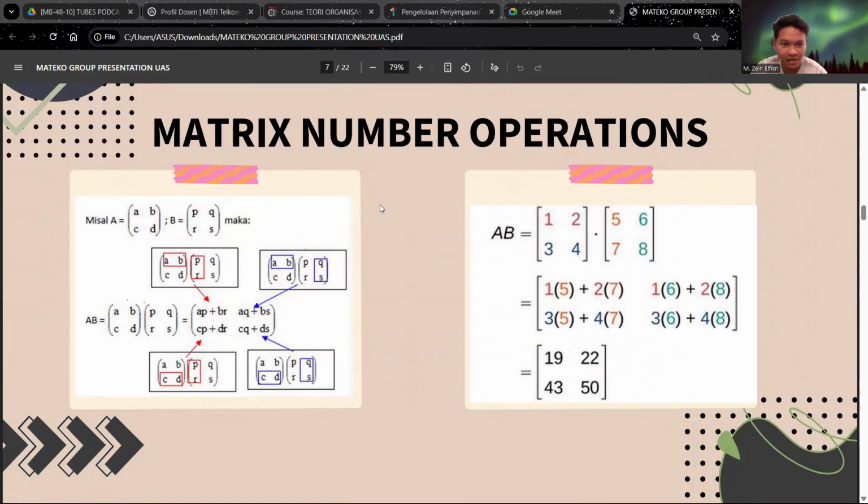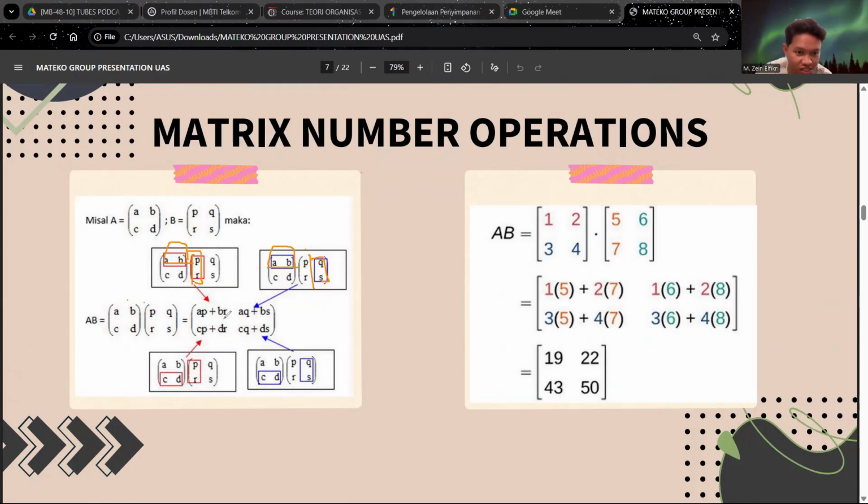We have different methods here. If we have A, B, C, D and P, Q, R, S, then we have a square matrix. So here is the calculation for multiplication, or times. If we want to multiply the matrices, then we multiply AB with PR and also AB with QS.